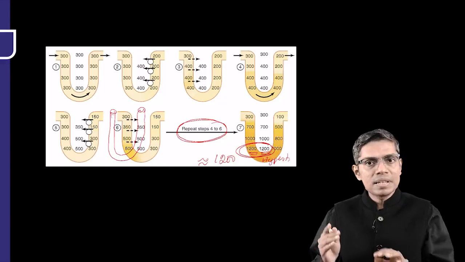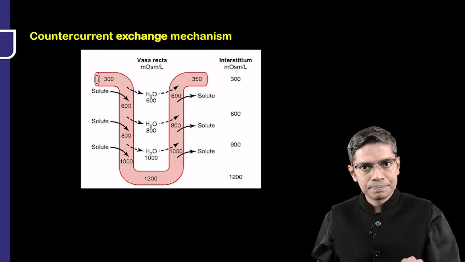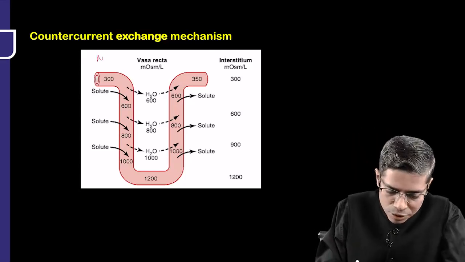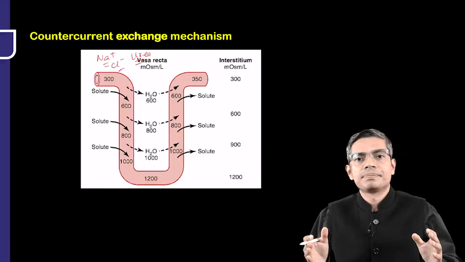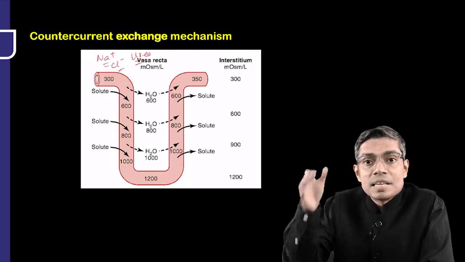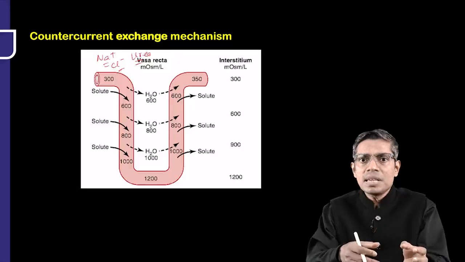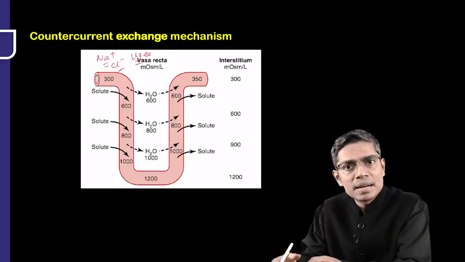Whenever you are reabsorbing sodium and chloride and urea at the level of medullary interstitium, if I ask you what is the ultimate fate of this sodium and chloride and urea which you have reabsorbed in the interstitium? It will not remain in the interstitium. Ultimately, from the interstitium, it will be reabsorbed into the capillary blood.